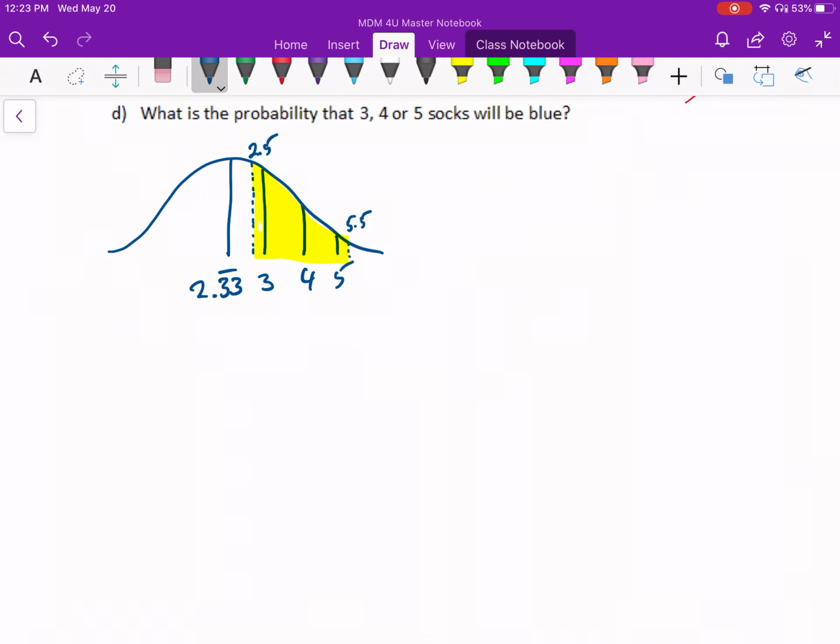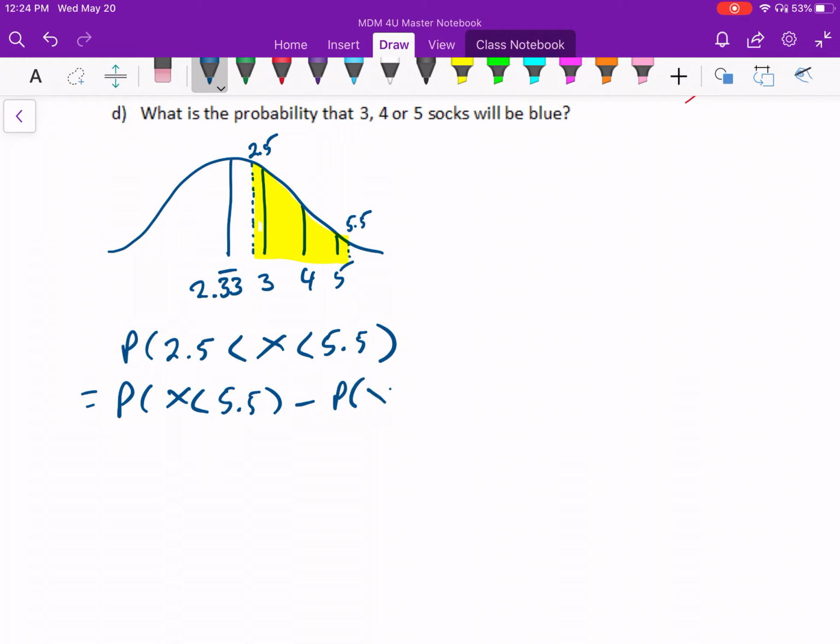So let's go through it quick if possible. I want the probability that x is between 2.5 and 5.5, which is the same as probability that x is less than 5.5, minus the probability that x is less than 2.5.